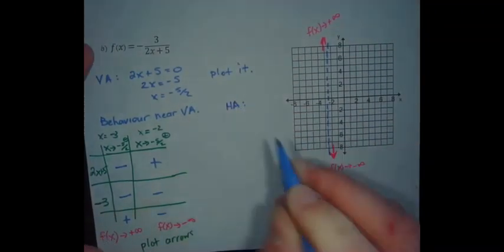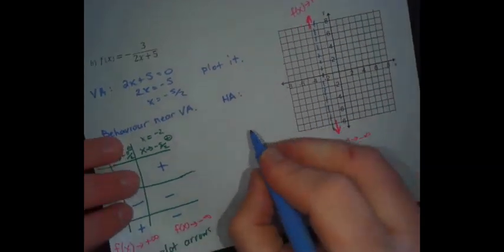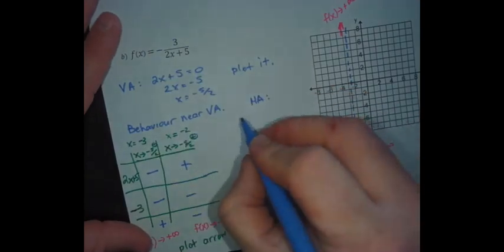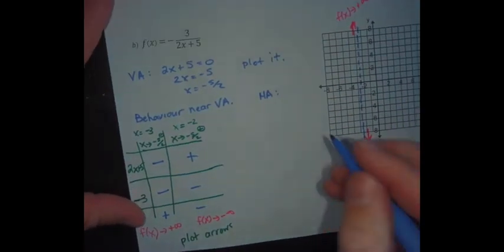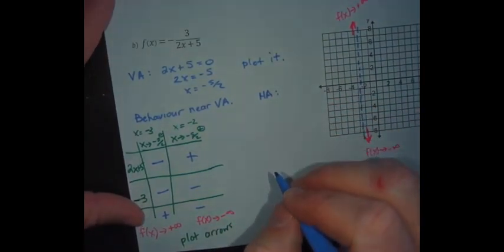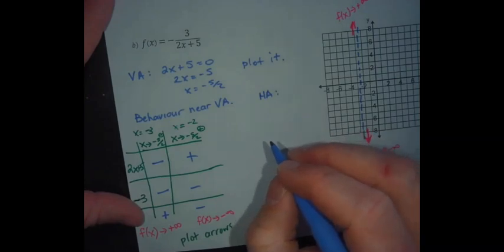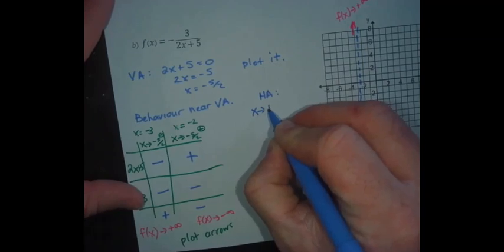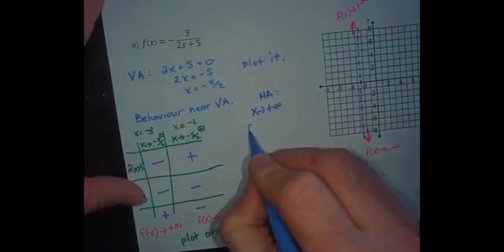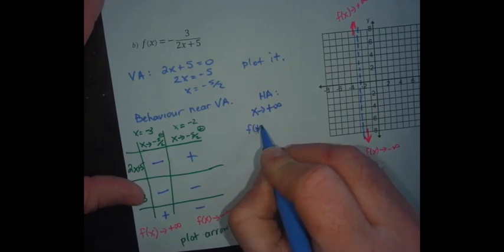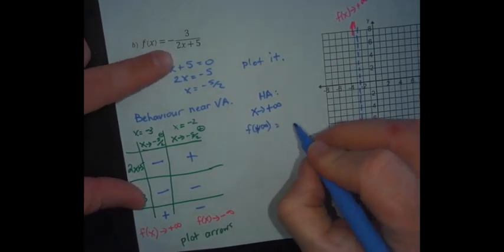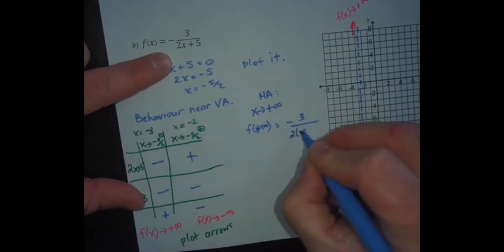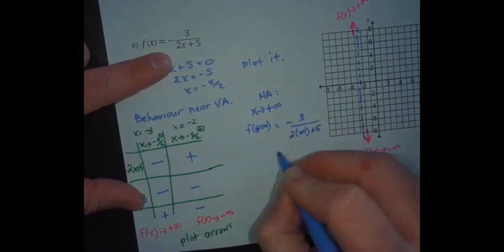For my horizontal asymptote, we're going to look at what happens here. As x approaches positive infinity, we're going to put in positive infinity, a really big number, into this. 2 times infinity plus 5.